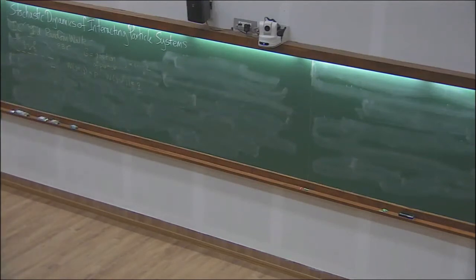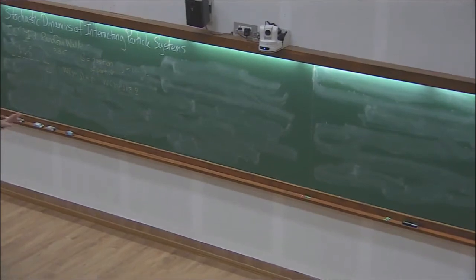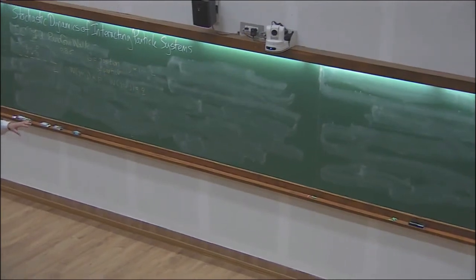And I realized I didn't label the last equation, when all configurations are equally likely. The condition for that, I should have labeled number 6. So if you can go back, that's when the sum over C prime of W(C' to C) is equal to the sum over C prime of W(C to C'). And actually, this is certainly the case here.